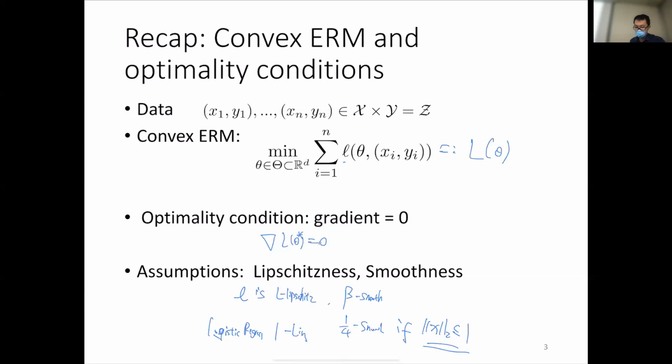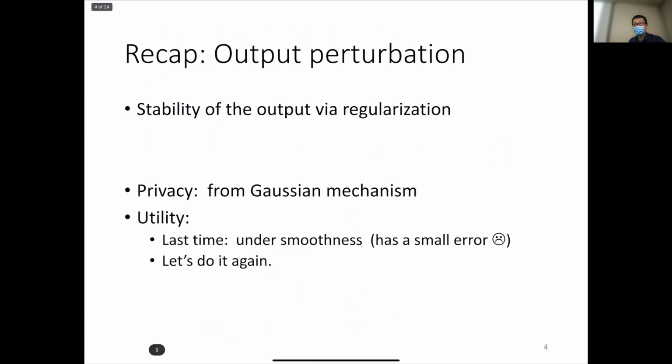Otherwise, the smoothness parameter and the Lipschitz parameter will be scaled by the size of the input space. Okay, so you might need that for the last question of the second homework.